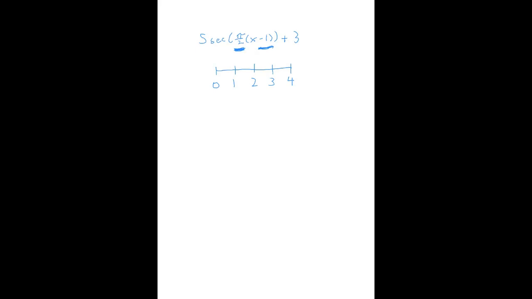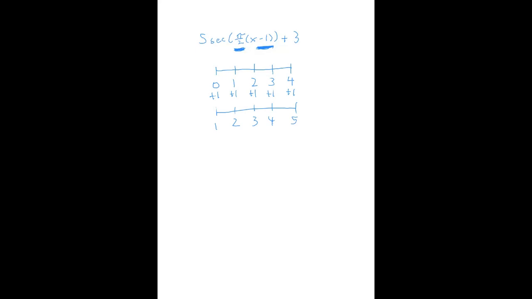We are moving to the right by 1 because it is a minus 1 in there. So to move all of our numbers to the right by 1, we have to add 1 to each of these values. So this line becomes 0 plus 1 is 1, 1 plus 1 is 2, 2 plus 1 is 3, 3 plus 1 is 4, and 4 plus 1 is 5.